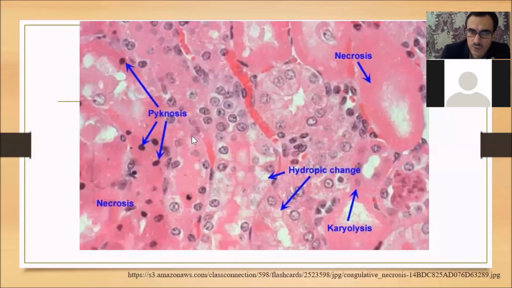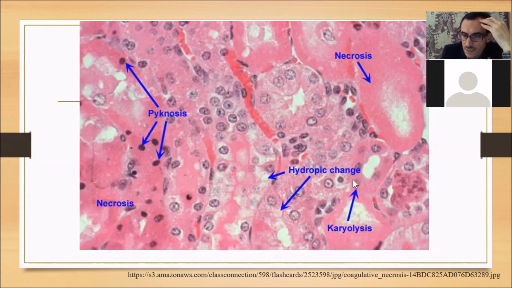But let us compare with these pycnotic cells. Do you see the dark, shrinking nuclei? This is karyopyknosis. Then karyorhexis, not shown here, and karyolysis. Do you see here? Karyolysis.